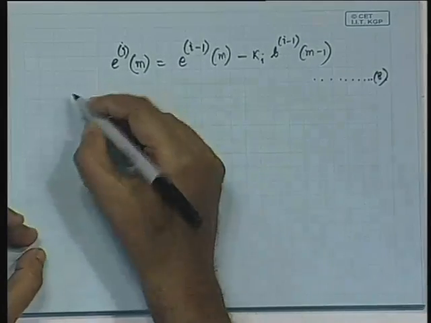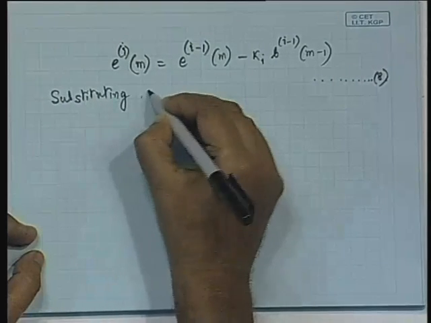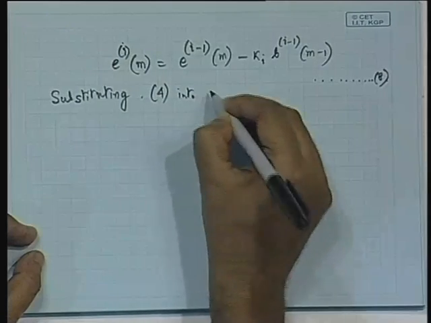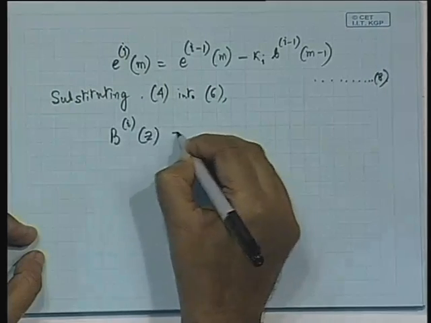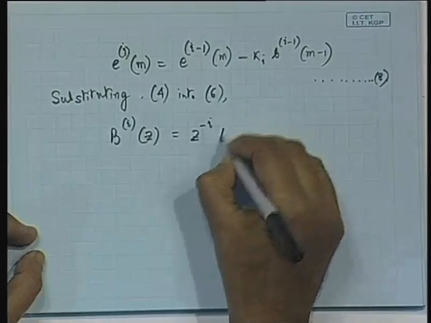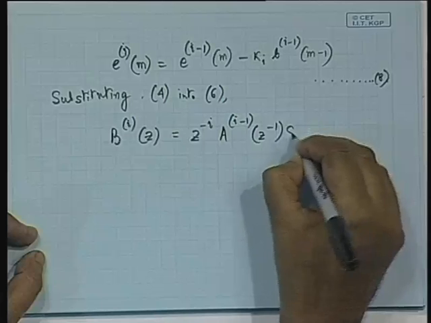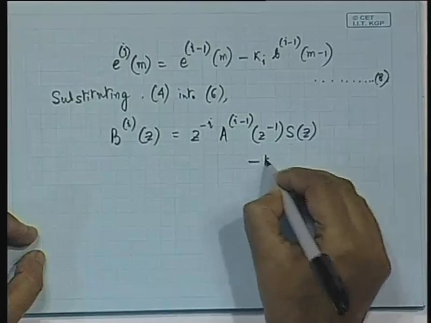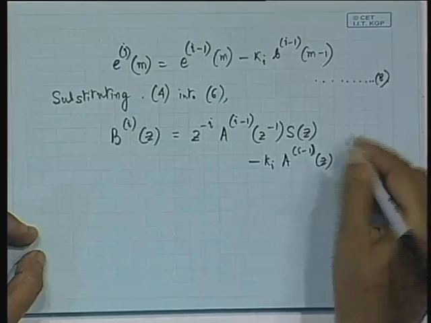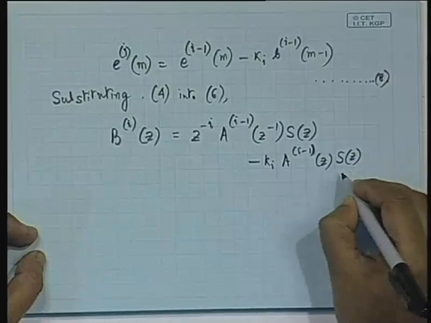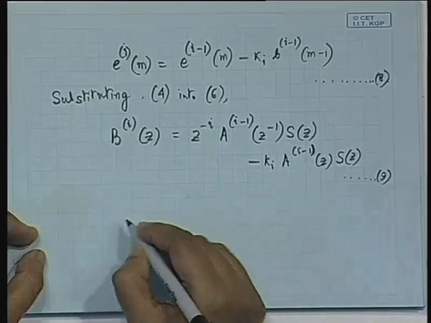What results is B I of z equal to z to the power minus I, A I minus 1 z to the power minus 1 S of z minus k I A I minus 1 z S z, and we are going to call this equation number 9.